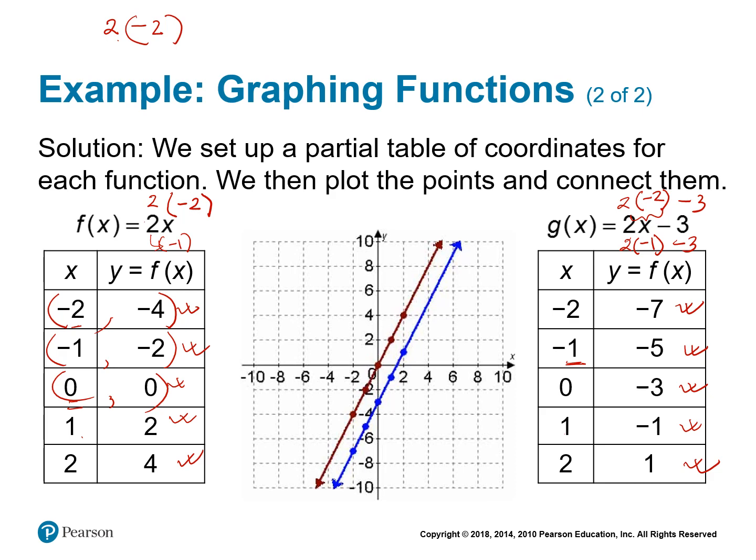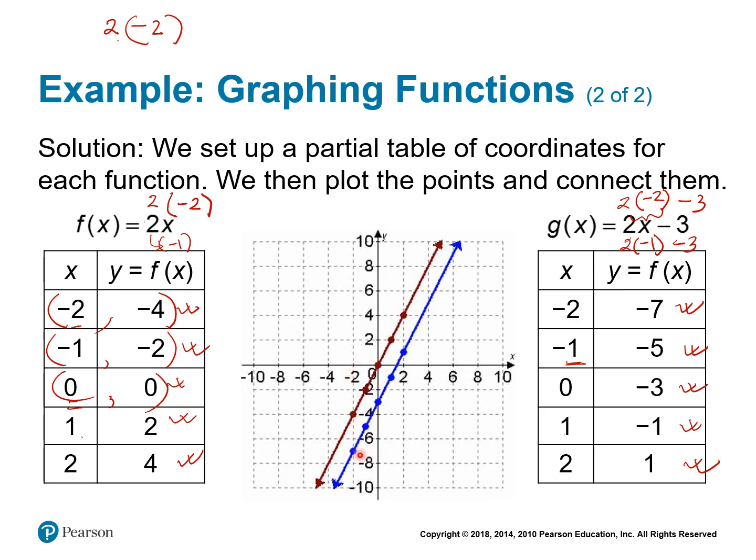And then once you plot these points, so when x is -2, y is -7. So let's go to -2 and find -7 on the y-axis. So that's between -6 and -8, somewhere right in between the two.